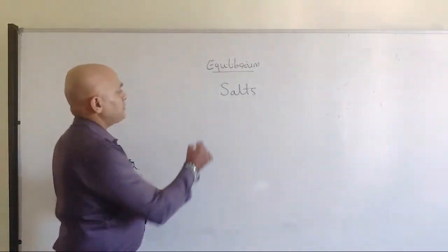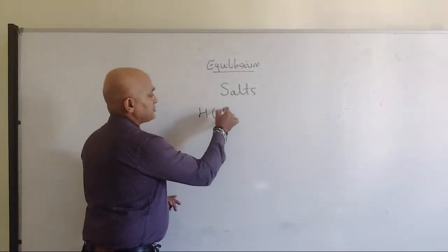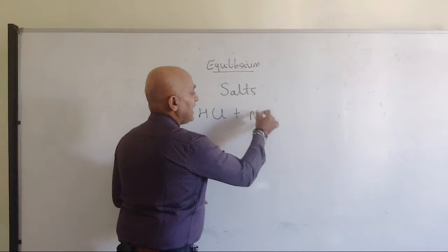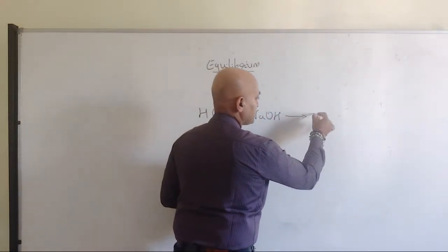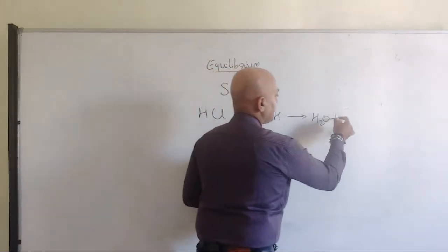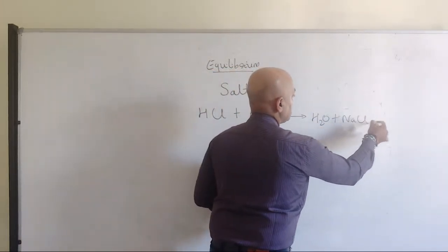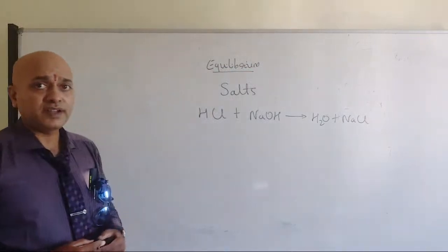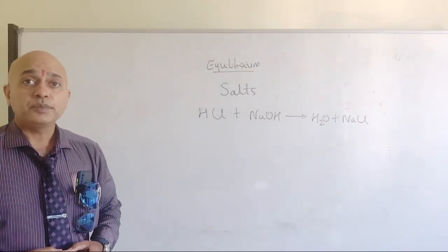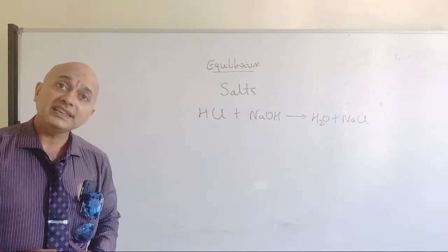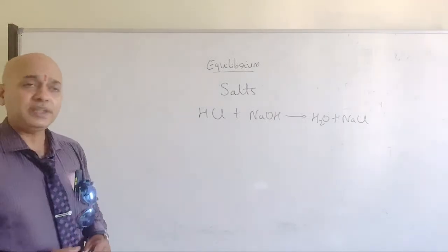Now, how is this salt formed? Naturally, when an acid and a base interact with each other, due to the neutralization reaction there will be formation of a salt. NaCl is the example. But is NaCl the only salt in nature? No, there can be anything.